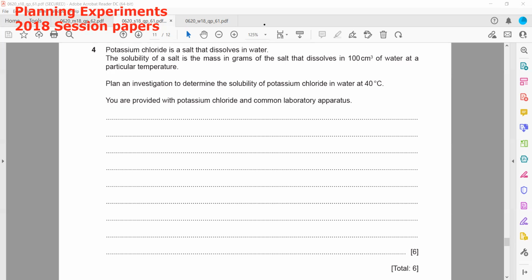And then we will filter to remove undissolved or insoluble solute. Then we want to find how much dissolved, so we will evaporate all the liquid and measure the mass of the solid.